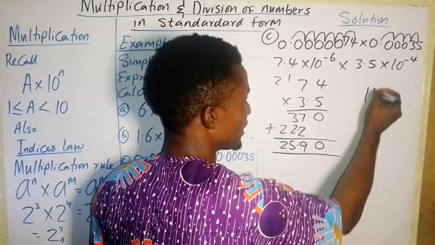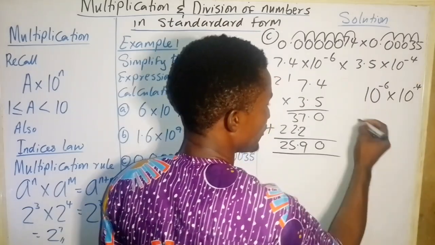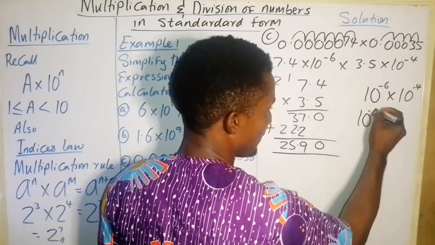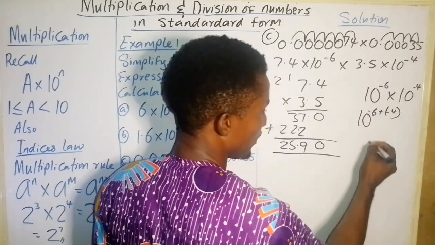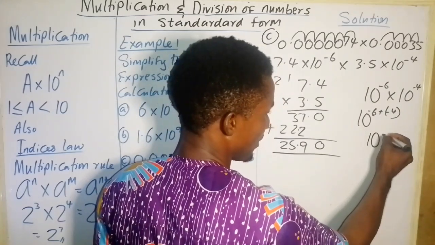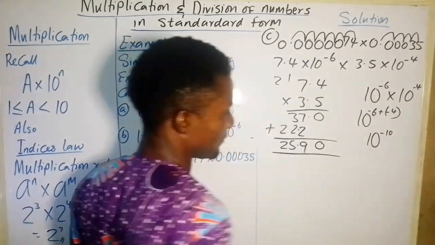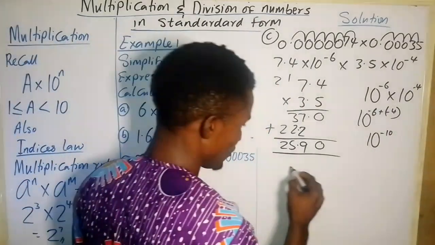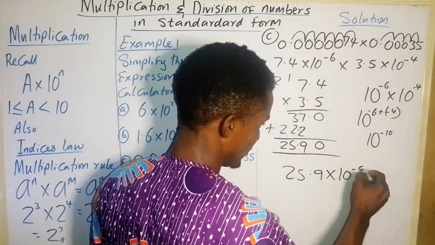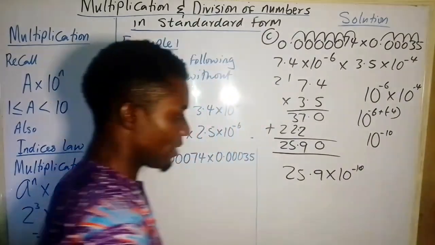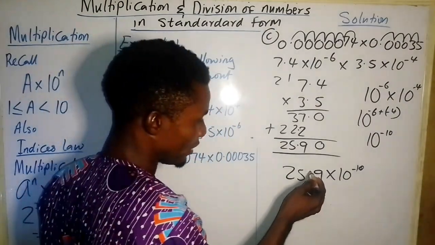Now let's deal with the base and the exponent. 10 raised to the power minus 6 times 10 raised to the power minus 4. So this will be 10 raised to the power minus 6 plus minus 4, which gives you minus 10. Now in this case, we have 25.9 times 10 raised to the power minus 10. Now this number is still not yet in standard form. So let's convert this to standard form by moving our decimal point.